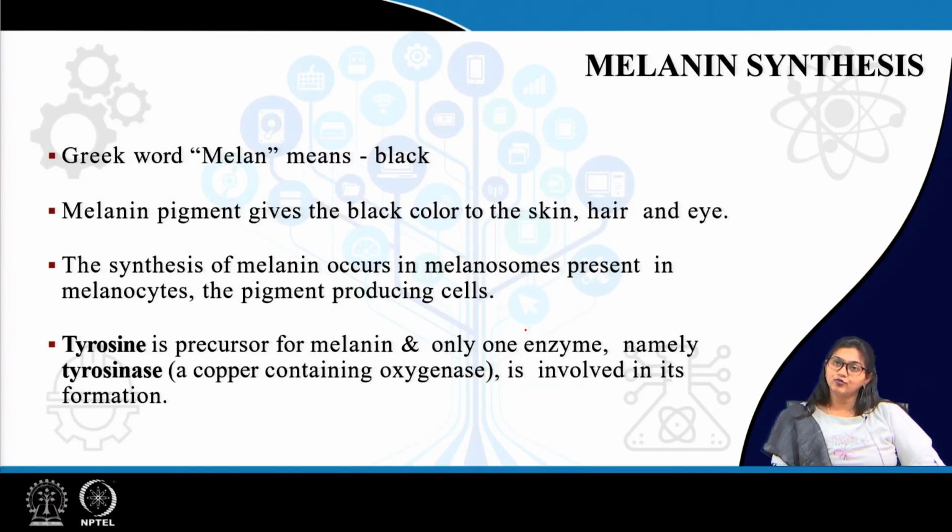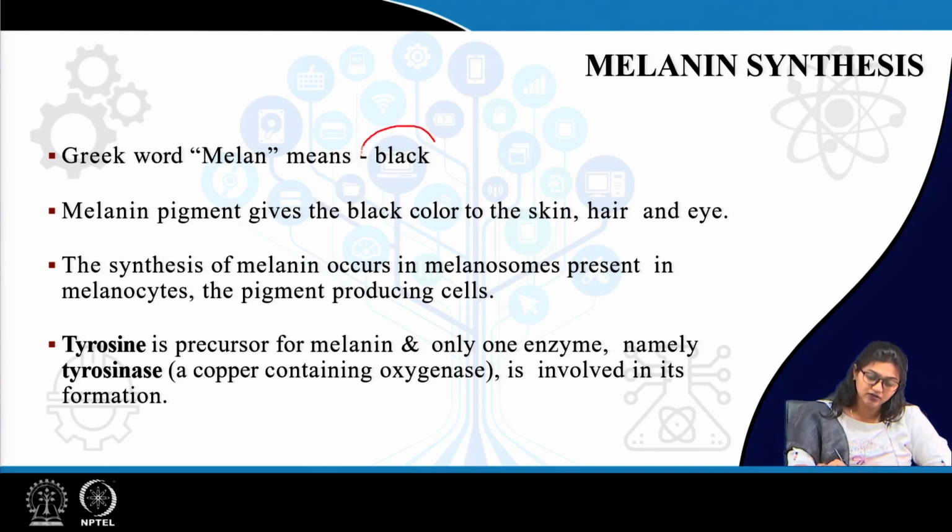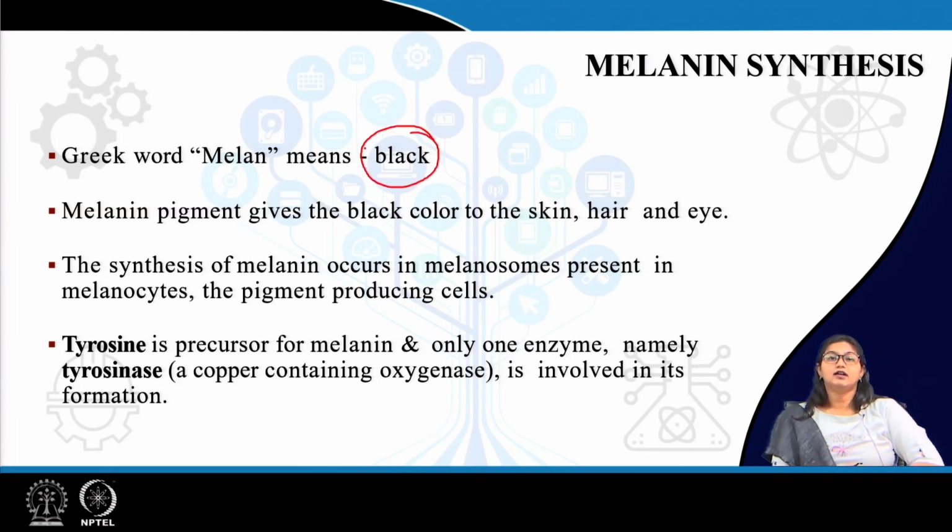Then we are moving on to the pigment, melanin synthesis. Now, the term melanin originated from the Greek word melan, which stands for black, because melanin pigment gives the black color to our skin, hair, eye. All the black colors are basically due to the melanin pigment accumulation.